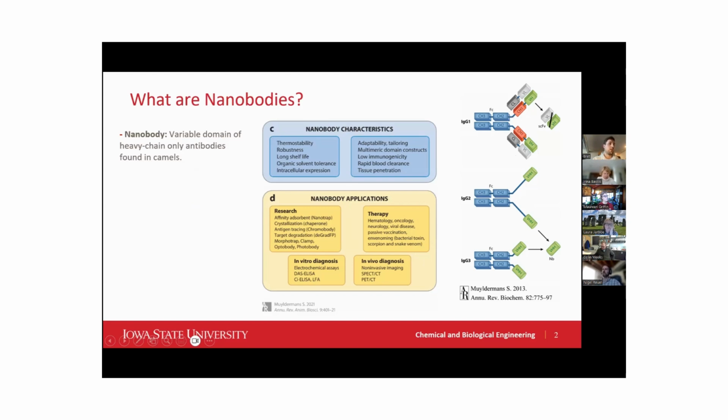The bottom graphs depict these heavy chain only antibodies, which can be found in camels. The variable domain of these antibodies is what we refer to as a nanobody. Nanobodies, similar to traditional antibodies, have very high levels of affinity and specificity towards their target, and their small size gives them numerous other favorable characteristics and applications.